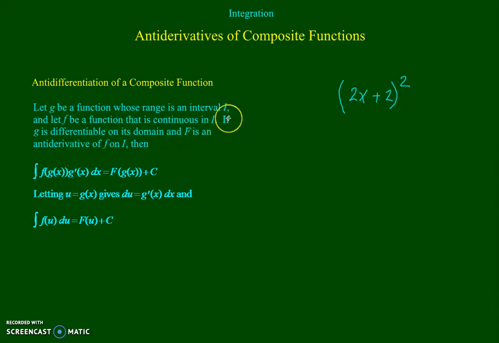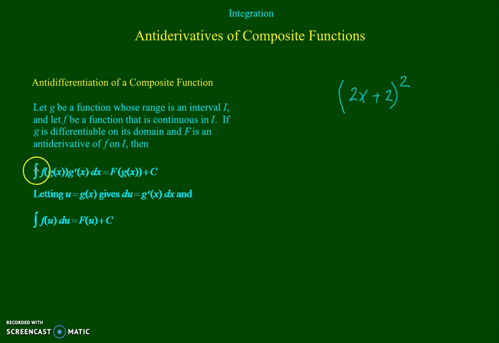So moving on, if g is differentiable on its domain, and big F is an antiderivative of f on that same interval I, then the integral of f of g of x, the composite of f with g of x, times the derivative of g of x with respect to x, is equal to the antiderivative of f evaluated at g of x, plus some constant of integration.